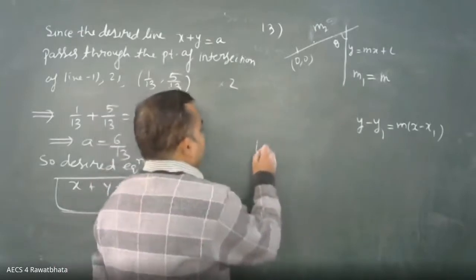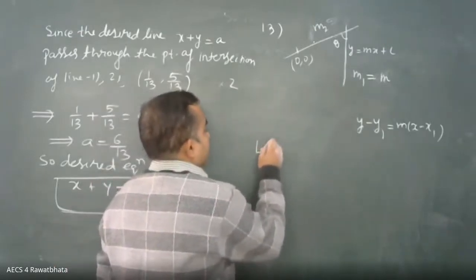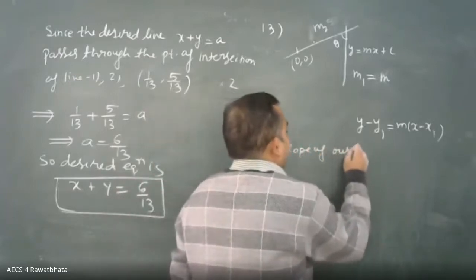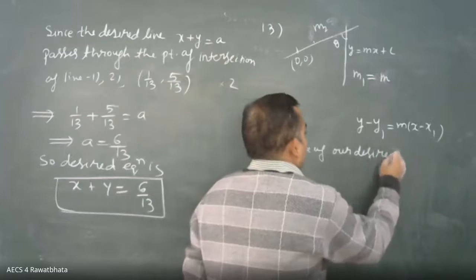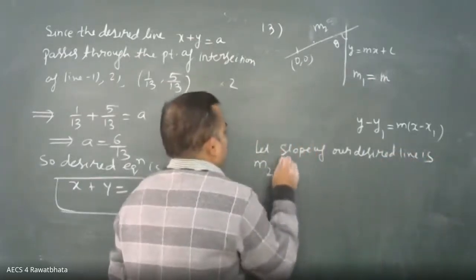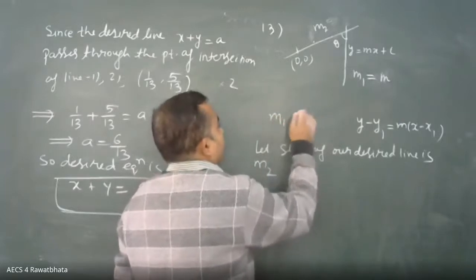So let the slope of our desired line be m2. m1 already is m.